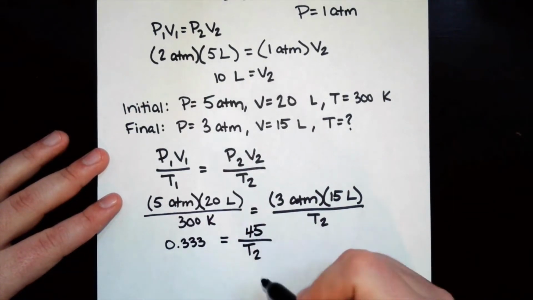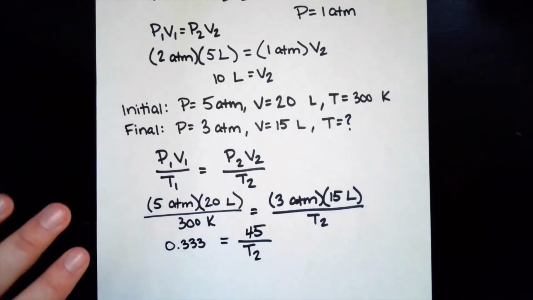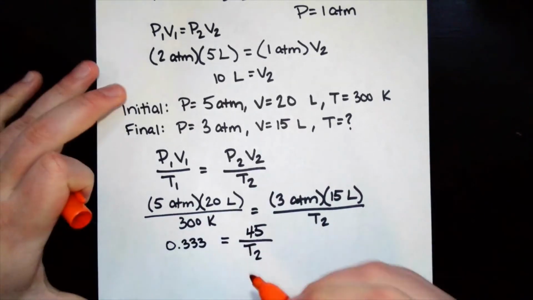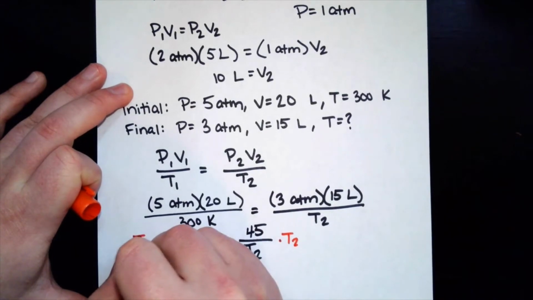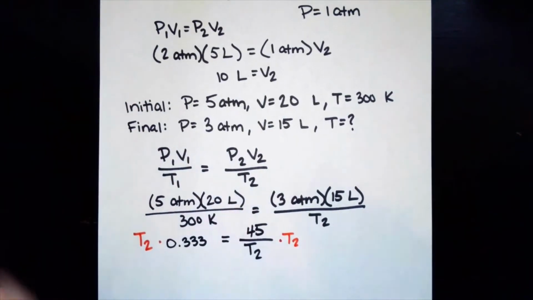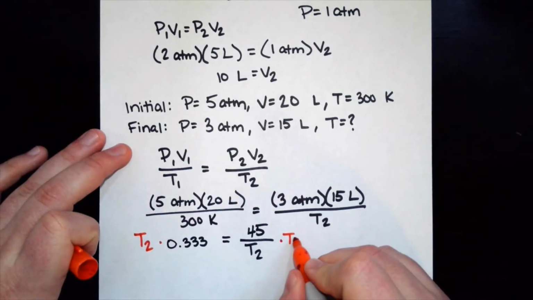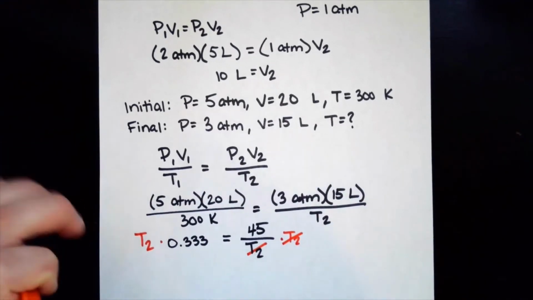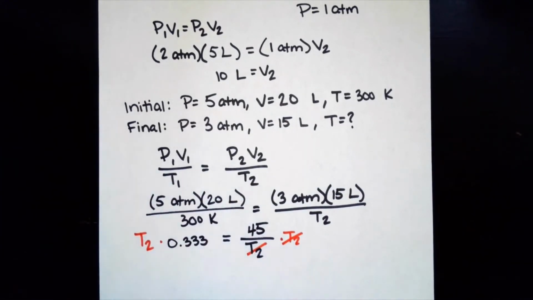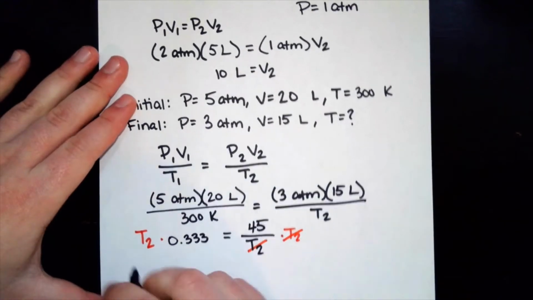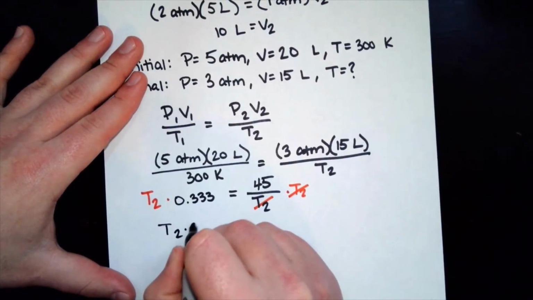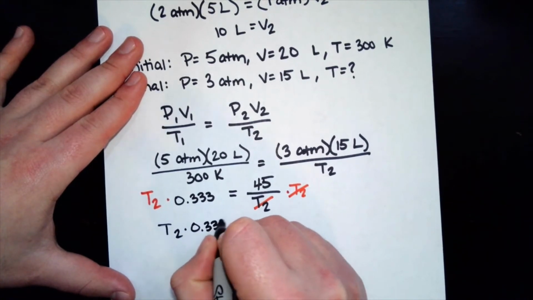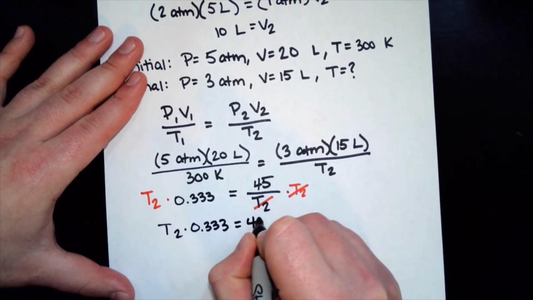So now we can algebraically multiply both sides by T2, because whatever you do to one side, you have to do to the other to keep them equal. Right? So here, T2 divided by T2 cancels out. So we get T2 times 0.33 repeating equals 45.